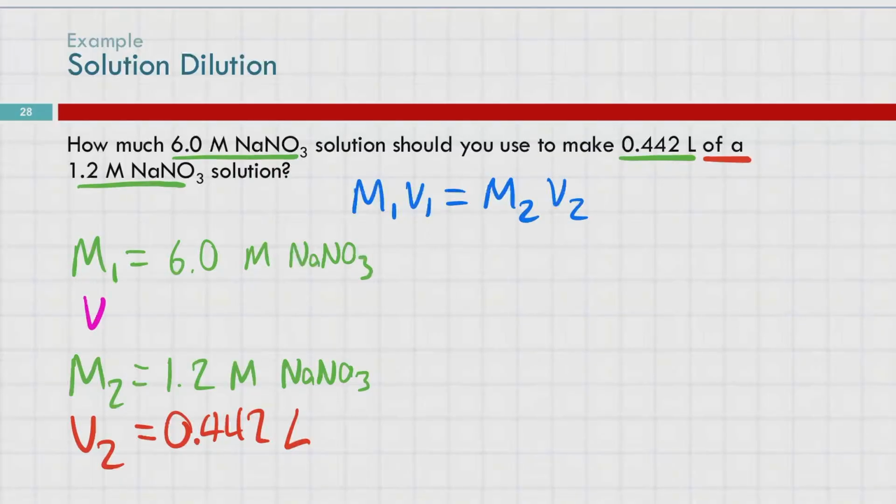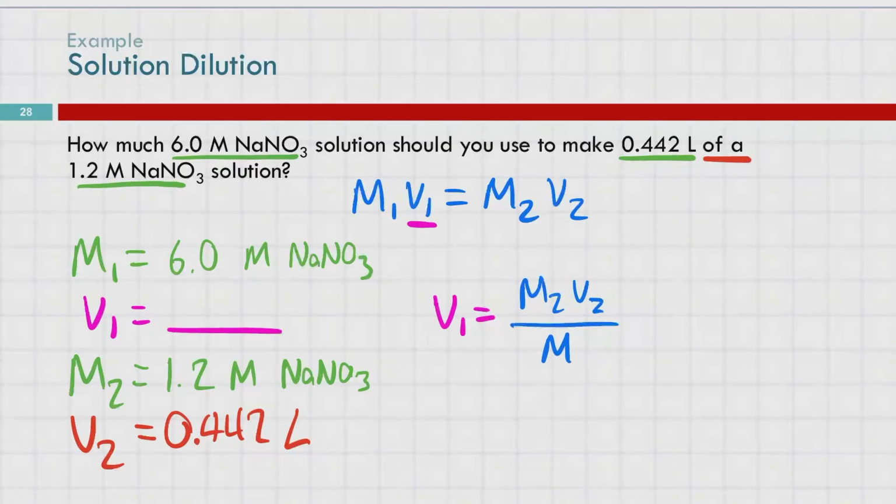That's another way that you could do this. So we're finding the other volume, which is V1. We want to isolate V1 by itself. V1 is going to be M2 V2 over M1.